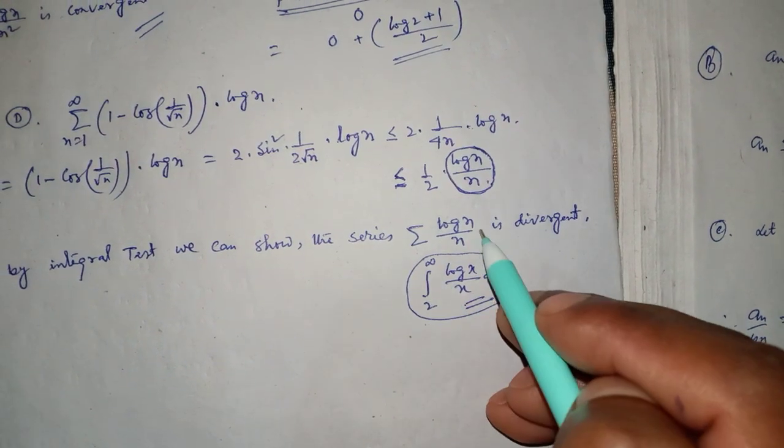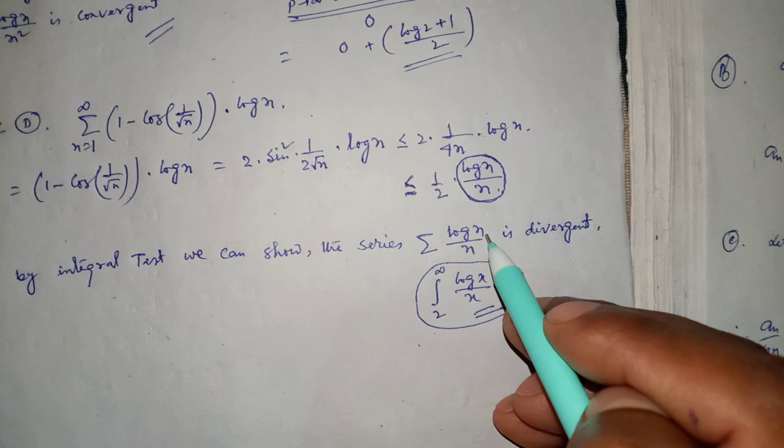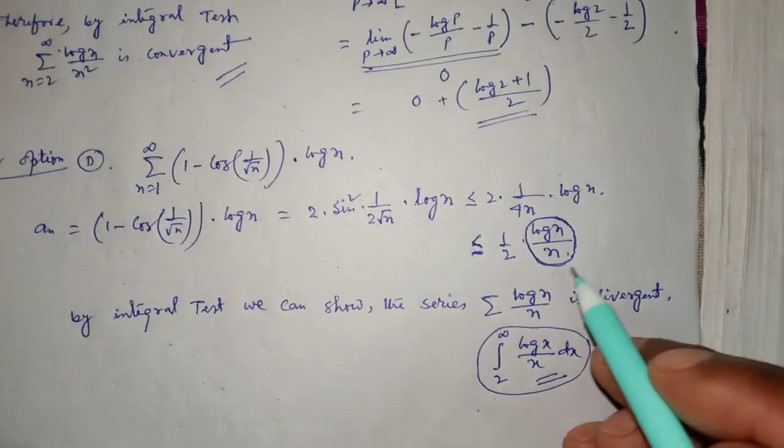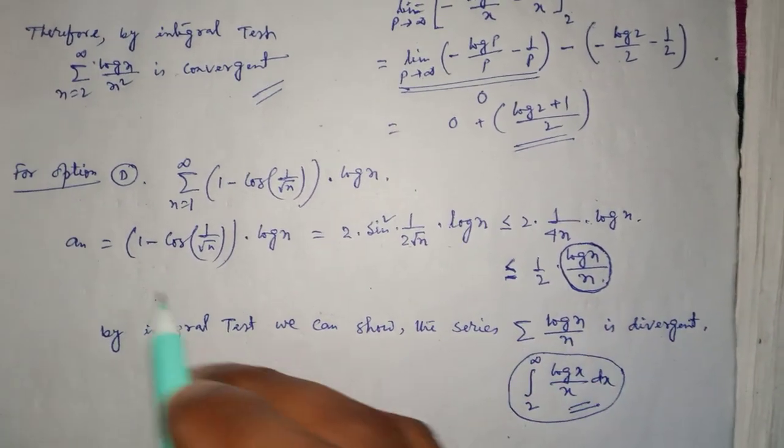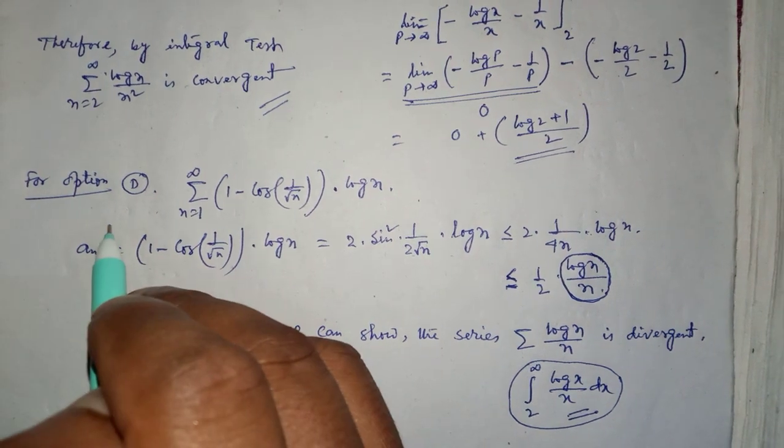Therefore, the series is divergent. And since this series is divergent, by comparison test, summation an is divergent.